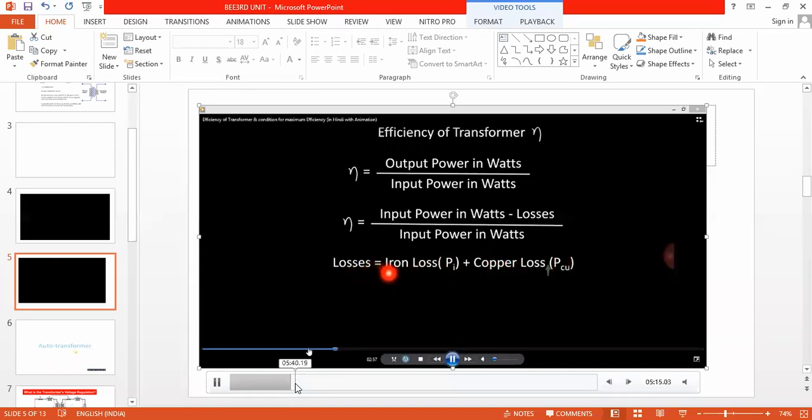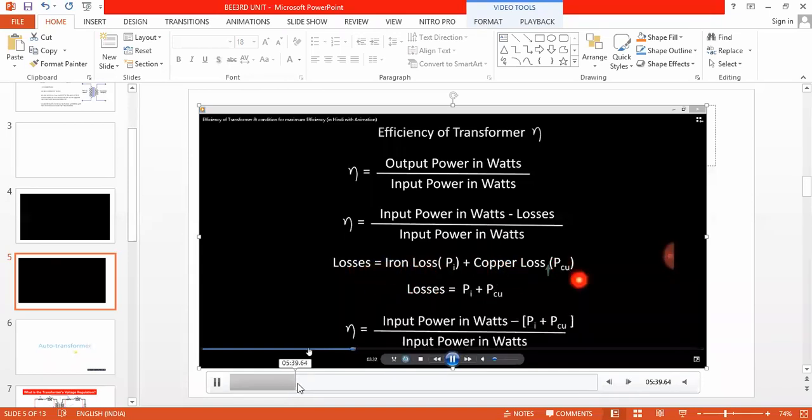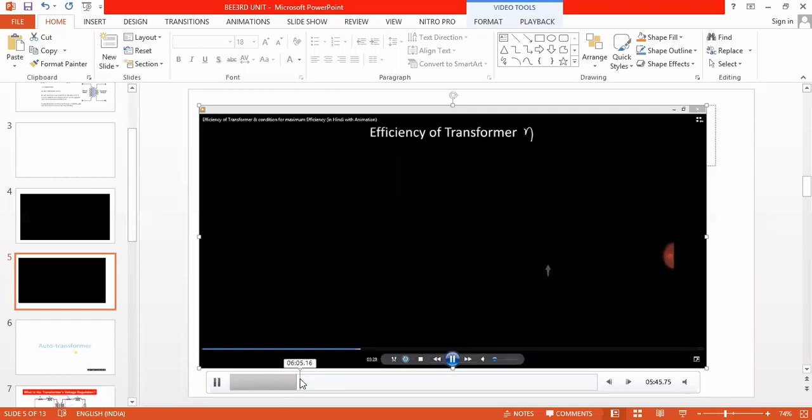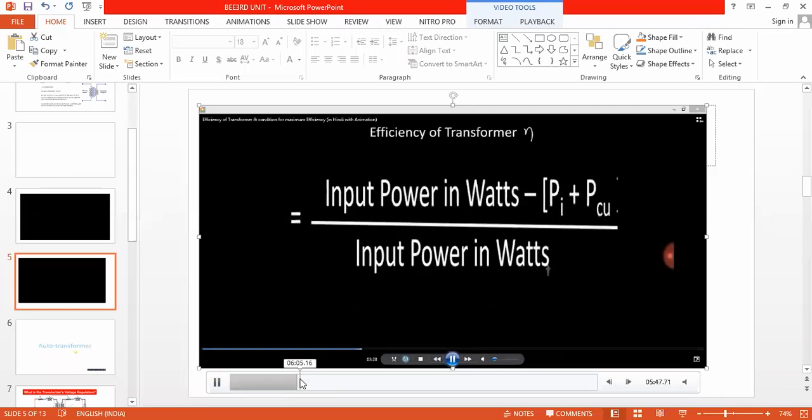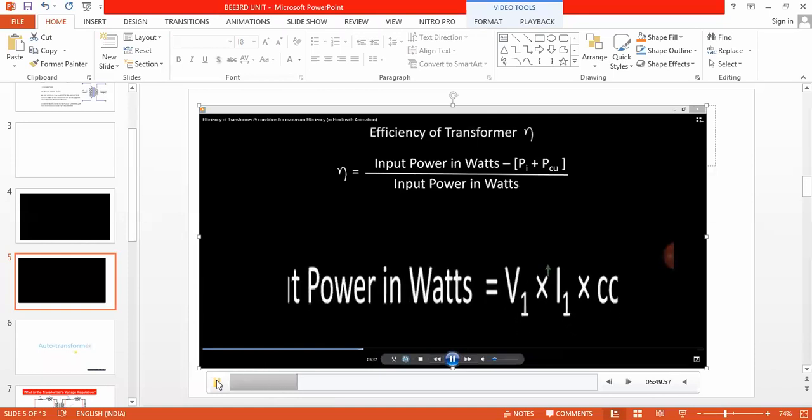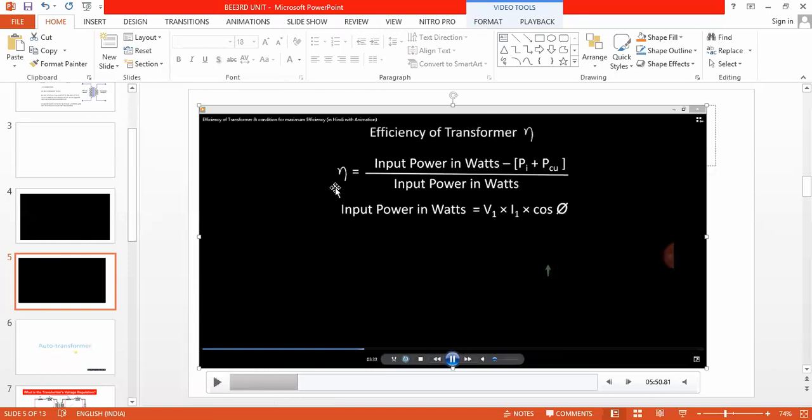After getting the formula for the losses, now we'll substitute here. So what is efficiency now? Input minus losses in the numerator. What is the formula for the losses? Iron loss plus copper loss. So input power minus losses, divided by input power, is the modified expression so far. Efficiency equals output power by input power.